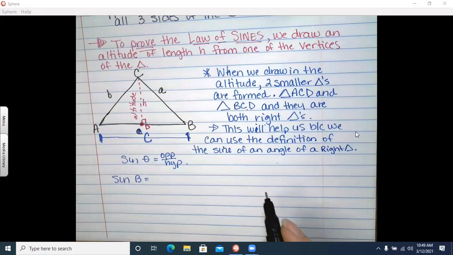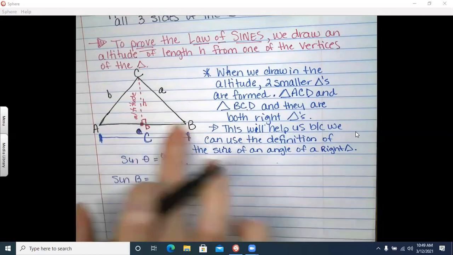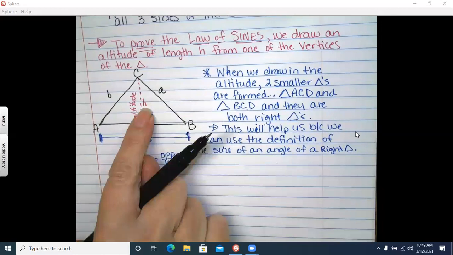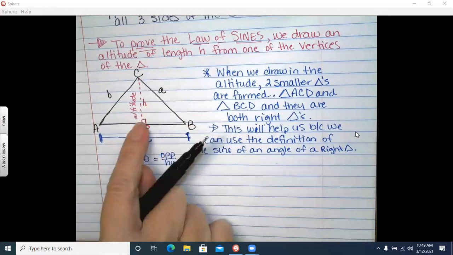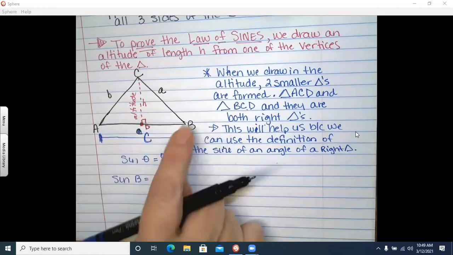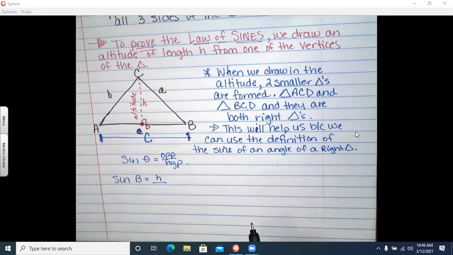Well, I'm sorry, we're looking at the smaller triangles. We labeled it H, right? D is the angle that it forms. So the leg opposite of B in the smaller triangle is side H. And what is the hypotenuse of triangle BCD? Lowercase a.